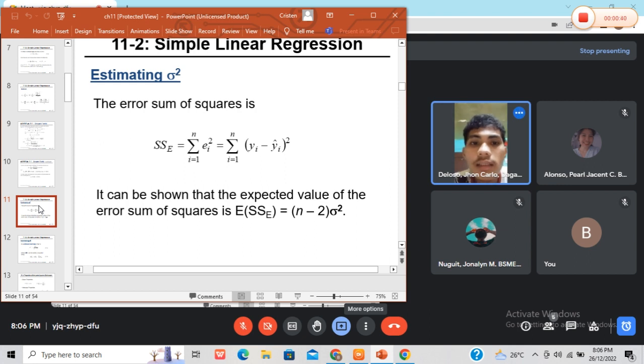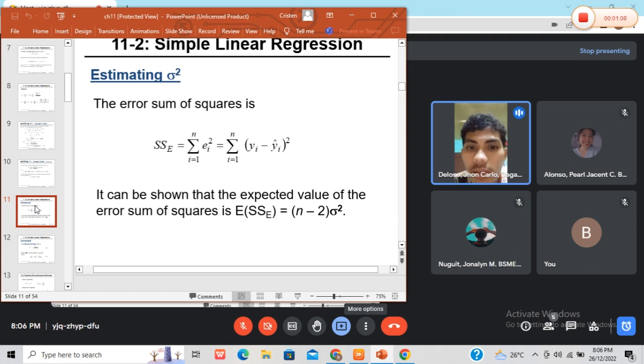Estimating the variance. The error sum of squares, denoted as SS subscript E, is equal to the summation of e squared, which is equal to the summation of the quantity y sub i minus y hat sub i squared.